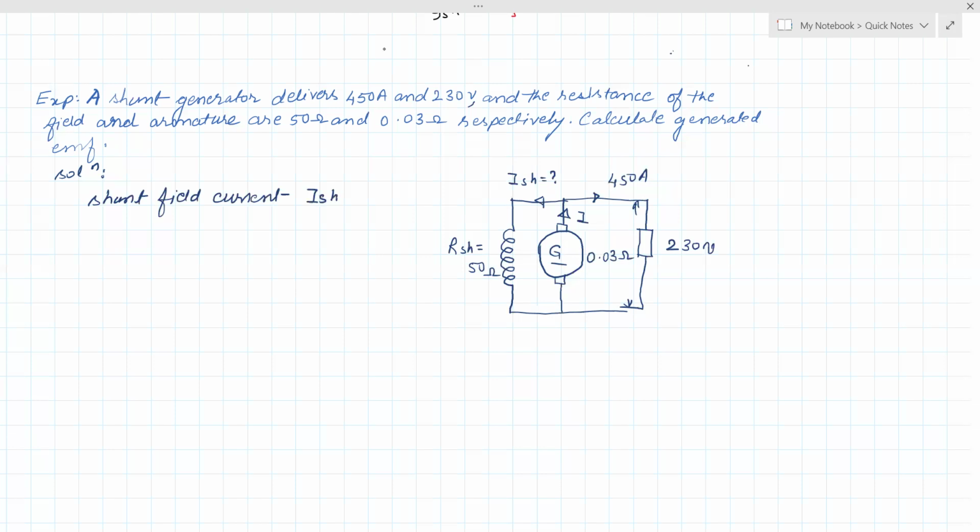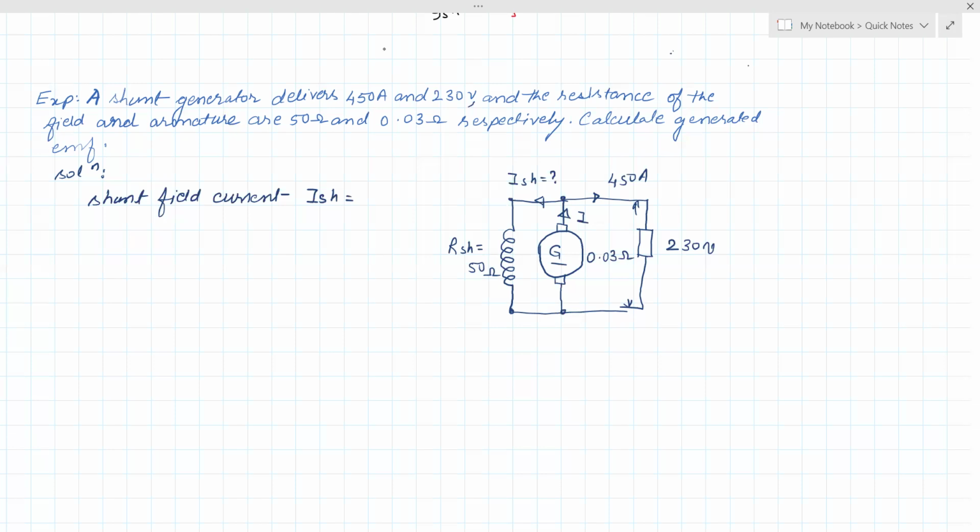Now see from this circuit diagram, the voltage of 230 volt appears across the armature terminals, and the same voltage is applied across the shunt field winding.